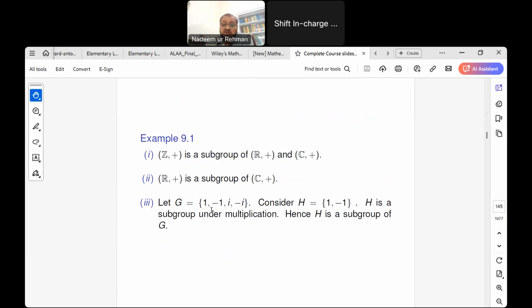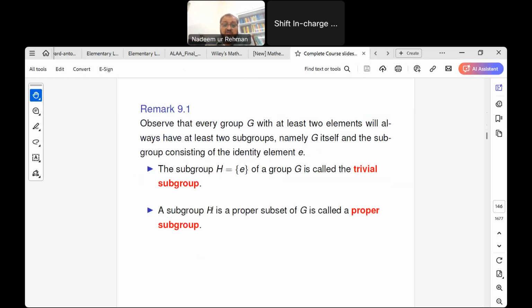Then H is a subgroup under multiplication, since it is a subset and satisfies all the properties of a group.